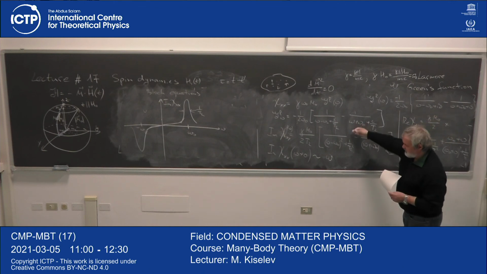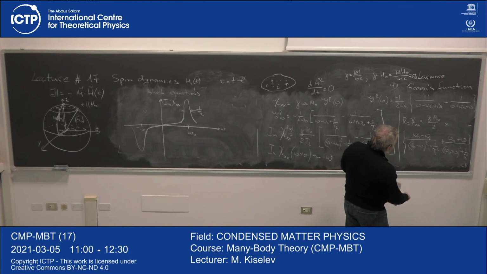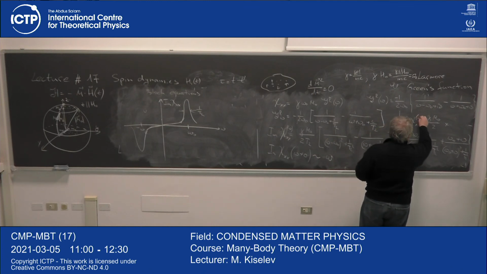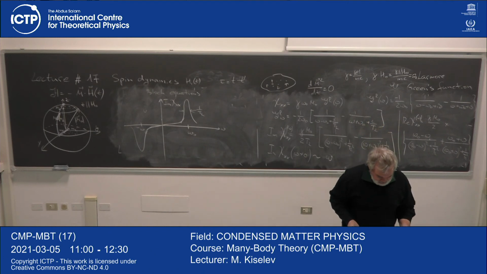You can get it from the same general equation. So you see from this that if you replace omega by minus omega, the real part is symmetric, so the real part is the even part of the frequency.